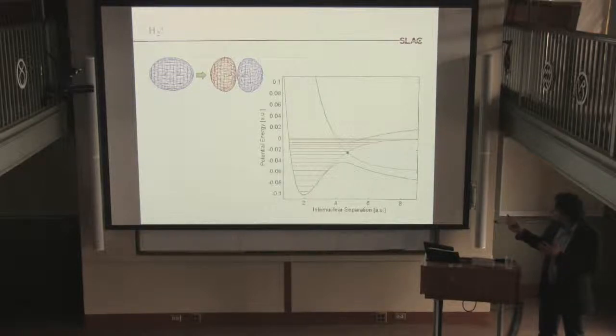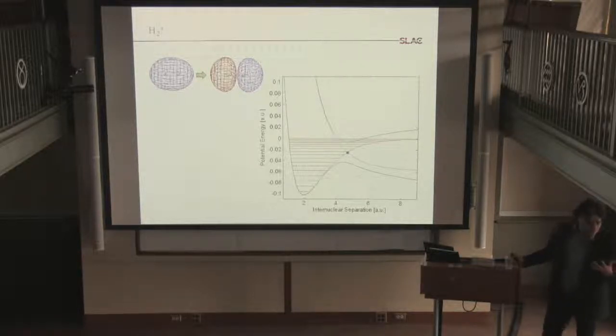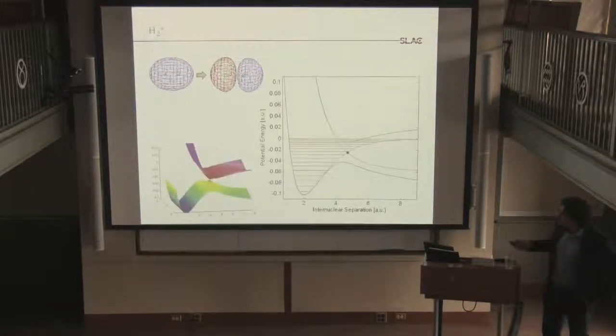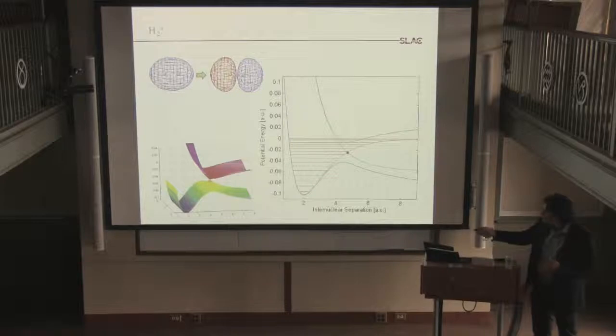And for the sake of the next slides, I will just mention that this vibration level that we have here, the 9th vibration level, is closest to resonance. This will be important for next slides. So this picture is one thing. We can also see this entire phase space of angle and internuclear separation in the following graph. So you can see that this is internuclear separation.